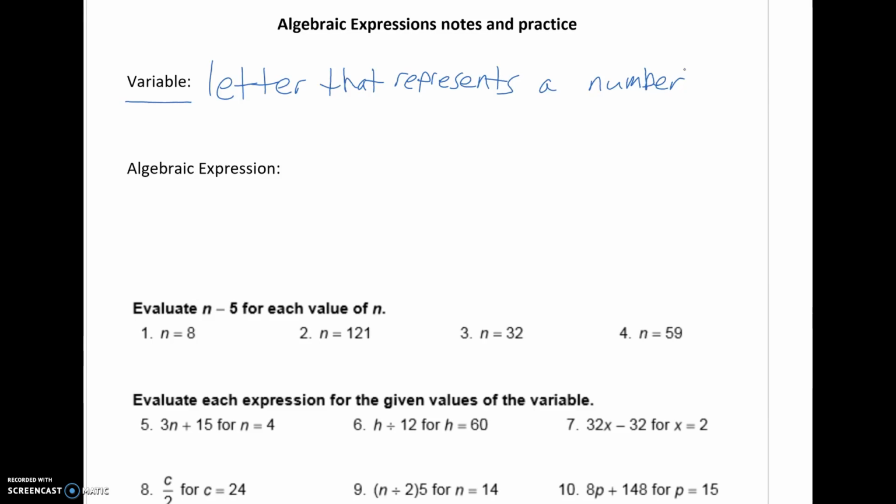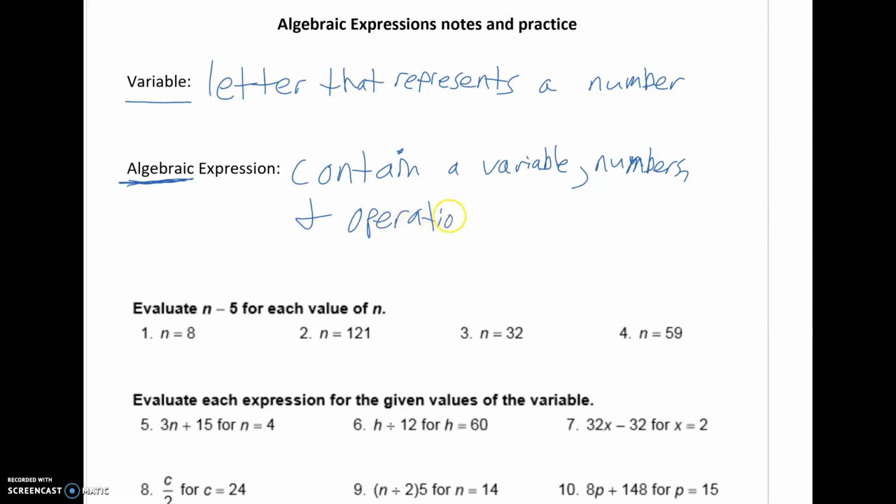Okay, and an algebraic expression has something very specific in it. Okay, it has the word algebra in there, but it must contain a variable. Okay, in addition to a variable, it contains numbers and it contains operations.